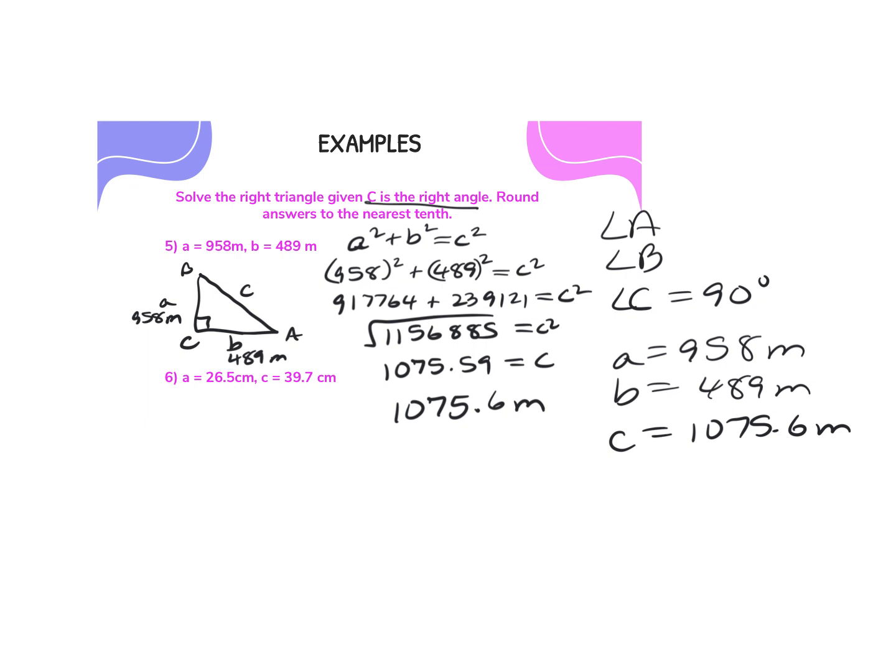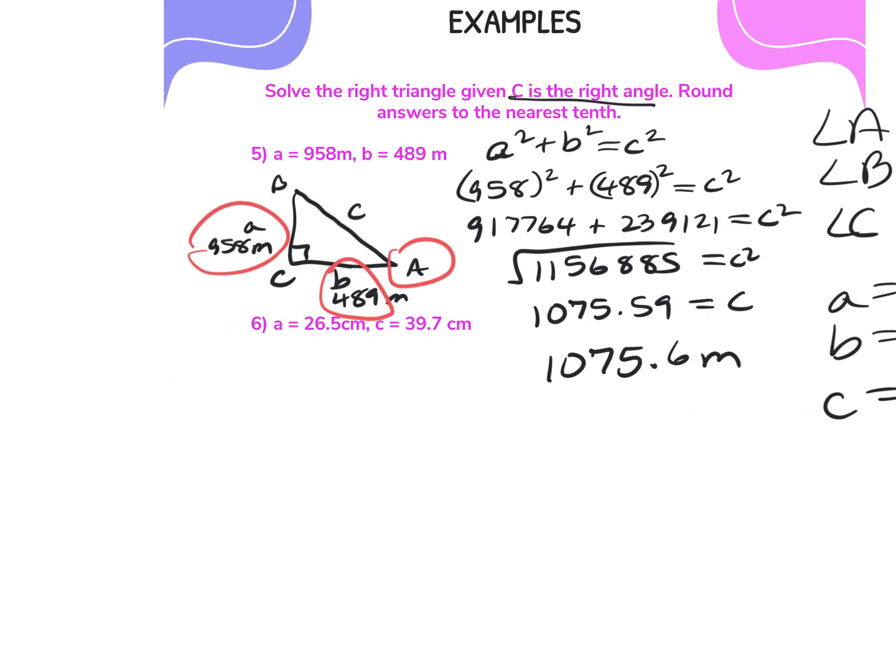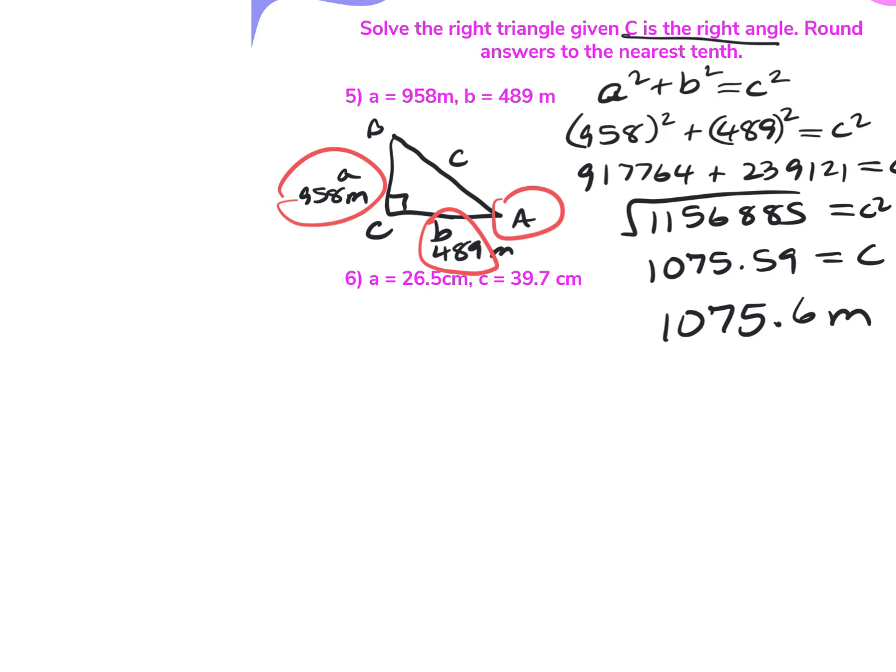Now, again, I'm going to use my original. So I'm going to use A and B. So when I want to find angle A, I'm going to label those two sides that I circled in red in relation to A. So this is adjacent to A, and this one's opposite to A. So opposite and adjacent is going to be tangent.